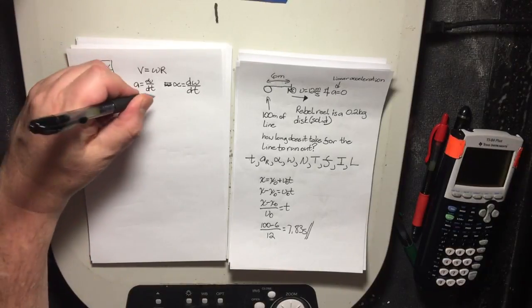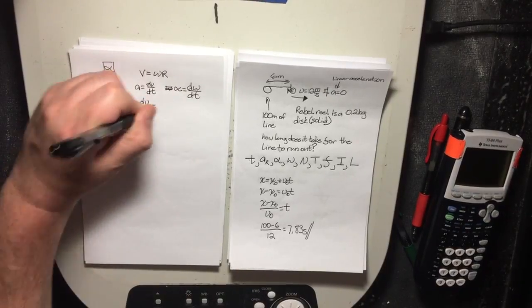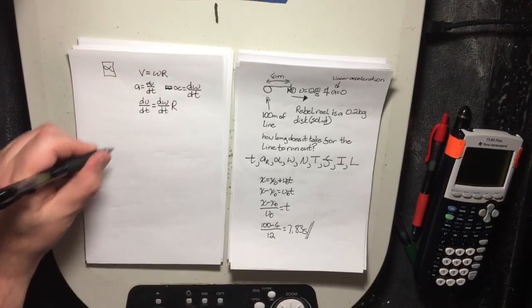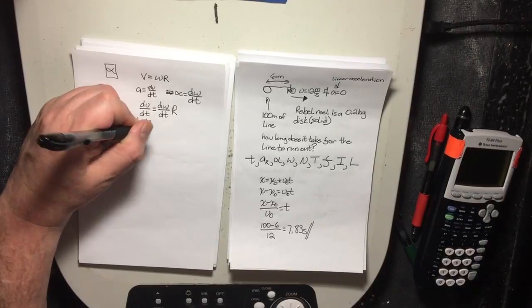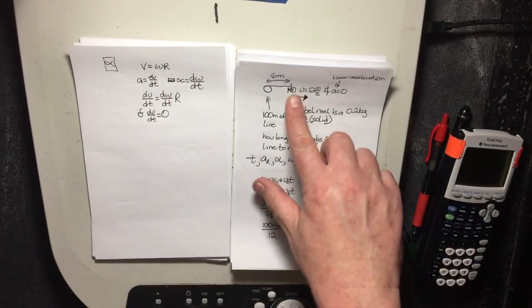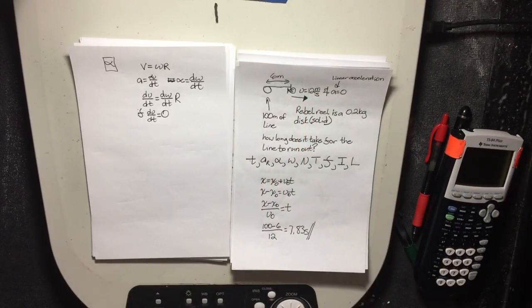So you can rewrite this as saying dv dt is equal to d omega dt times r. If dv dt is 0, the change in horizontal velocity is 0. The fish doesn't accelerate or decelerate. It's the Fisher-Fury. It just moves at a constant 12 meters per second. Why? Because I say so. I could put in an acceleration, but that would just fry people's brains.